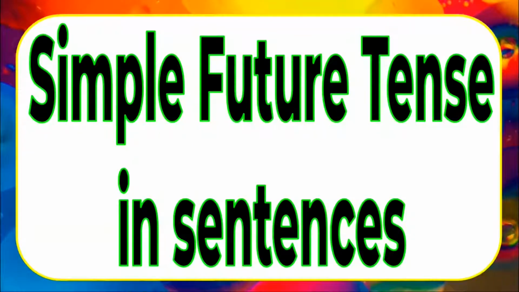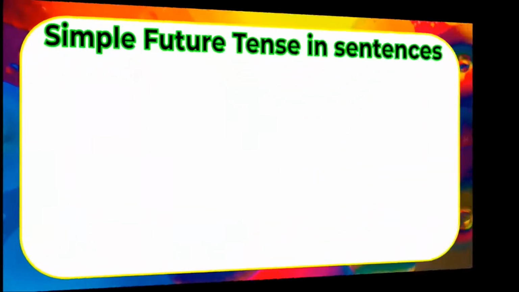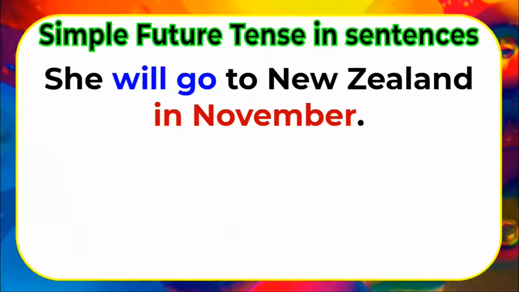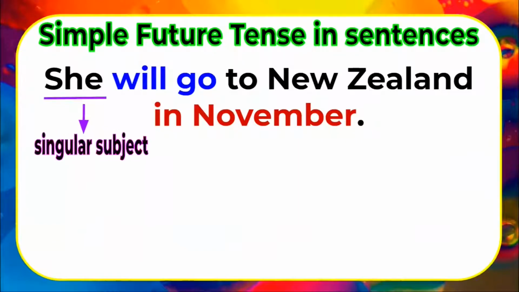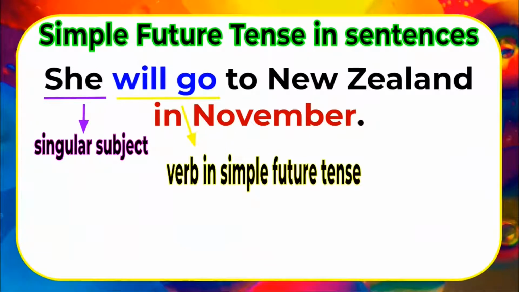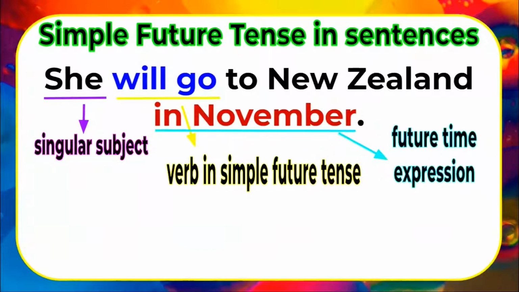Let's look at the simple future tense in sentences. She will go to New Zealand in November. Our subject is she. She is singular. Our verb in simple future tense is will go. Our future time expression is in November.